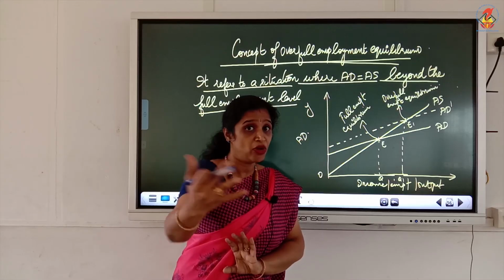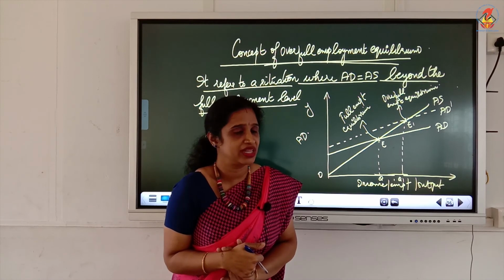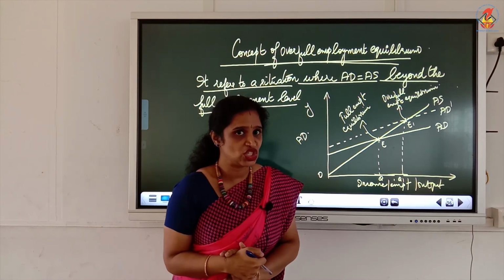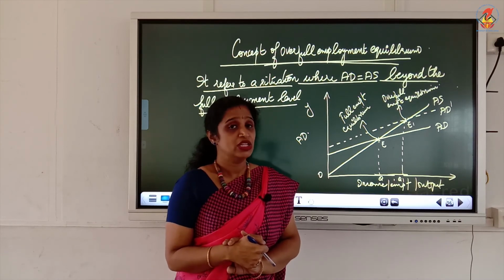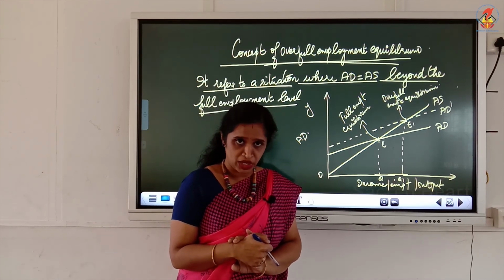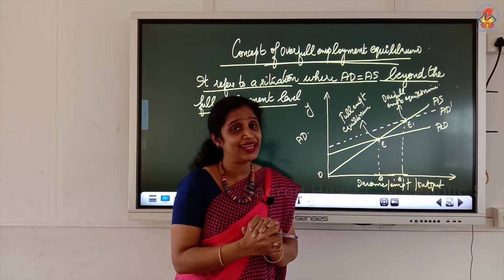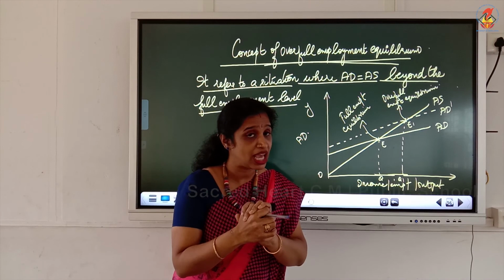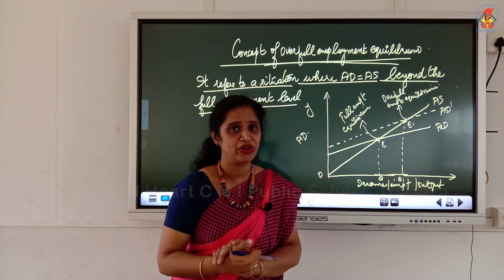Resources are employed beyond full employment, and there an equilibrium is achieved. That is known as overfull employment equilibrium. Here an equilibrium is happening between AD and AS at more than full employment level.